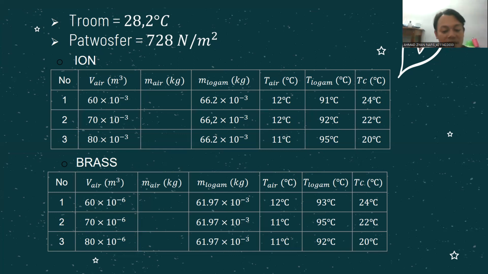A mass of metal 61.97 times 10 power of minus 3, and temperature of water 11 degrees Celsius, and temperature of metal 92 degrees Celsius. So that the temperature of the mixture is 20 degrees Celsius.